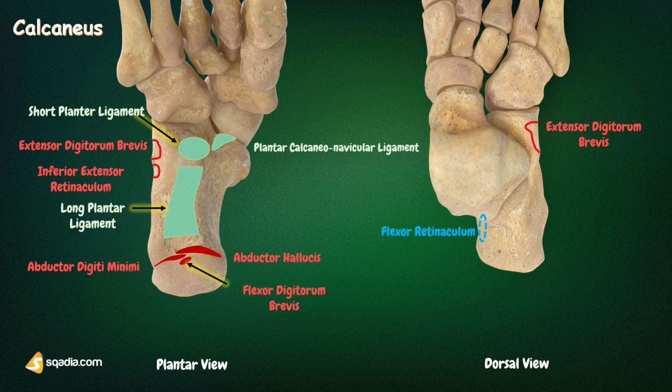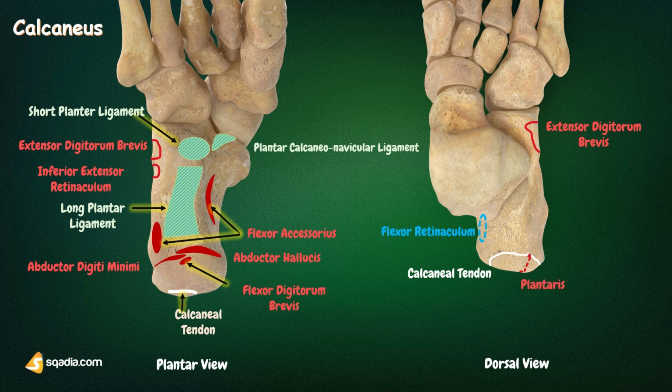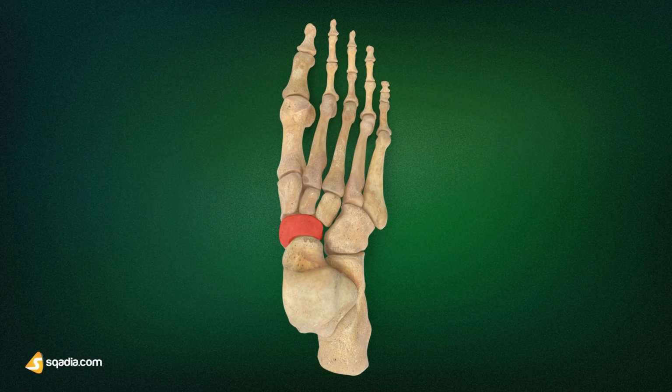The medial margin of the sustentaculum tali provides attachment for the plantar calcaneonavicular ligament and the short and long plantar ligaments. On the margin of the sustentaculum tali, we can find the attachment site for the tendon of flexor digitorum longus. The large medial head of the flexor accessorius is attached distal to the groove for flexor hallucis longus.